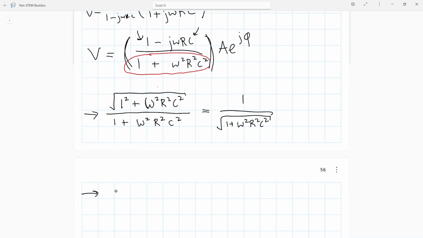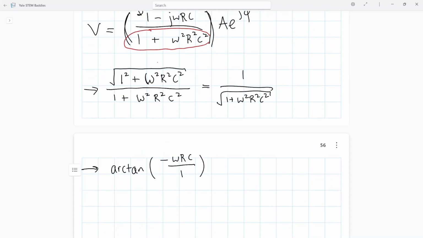And then let's find the phase. The phase is going to be the arctangent of the imaginary part of the number divided by the real part. The imaginary part was negative omega rc, the real part was 1, and we can ignore that multiplicative constant entirely, because it would just cancel out in the numerator and denominator inside the arctangent argument.